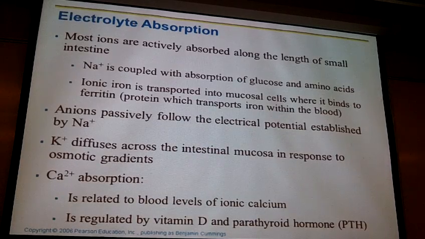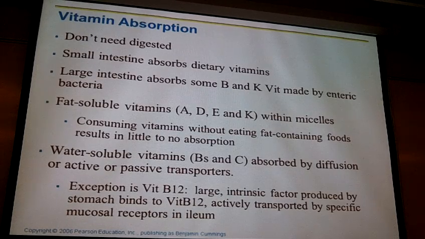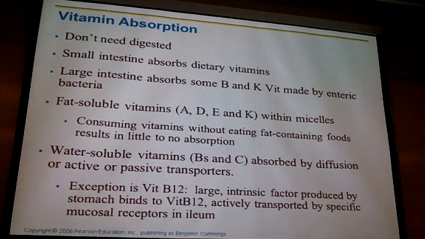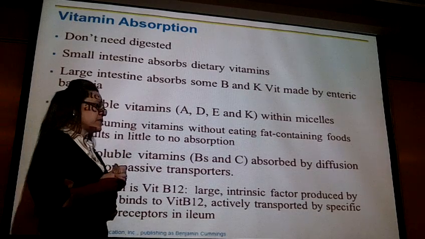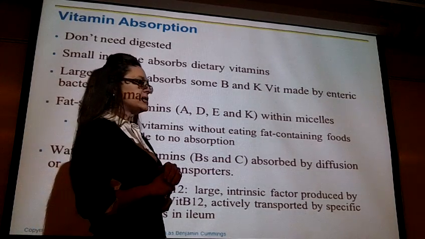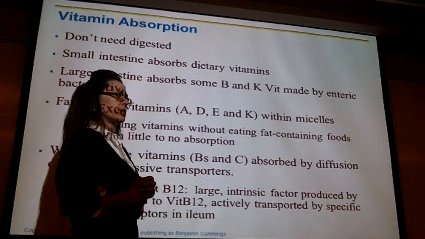Yeah. So when we are releasing the fat-soluble vitamins from our adipose tissue, are they released as needed, or is it just kind of a random release of vitamins as we burn off the tissue? I think, and I'm not 100% sure on this, that they are released as you break down adipose tissue.